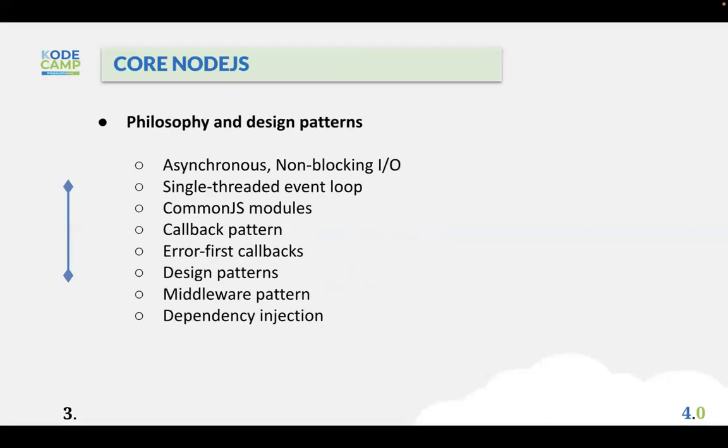CommonJS was the traditional way for modules in NodeJS. NodeJS now supports both CommonJS and ES modules, so you use them accordingly depending on your own use and how you want to actually use them.